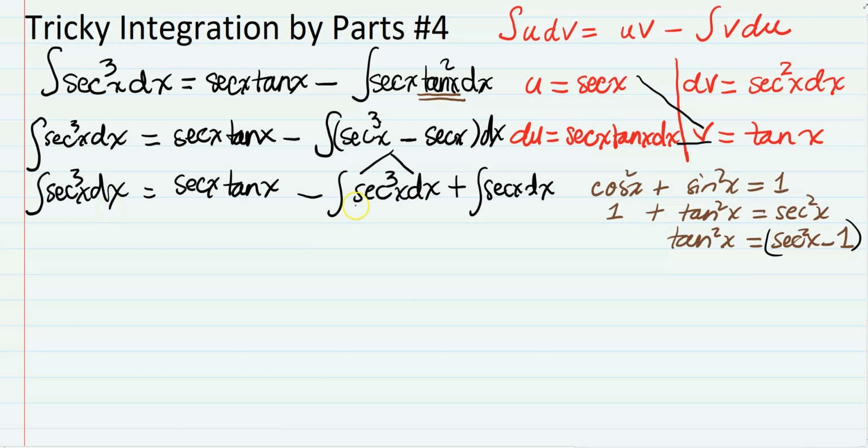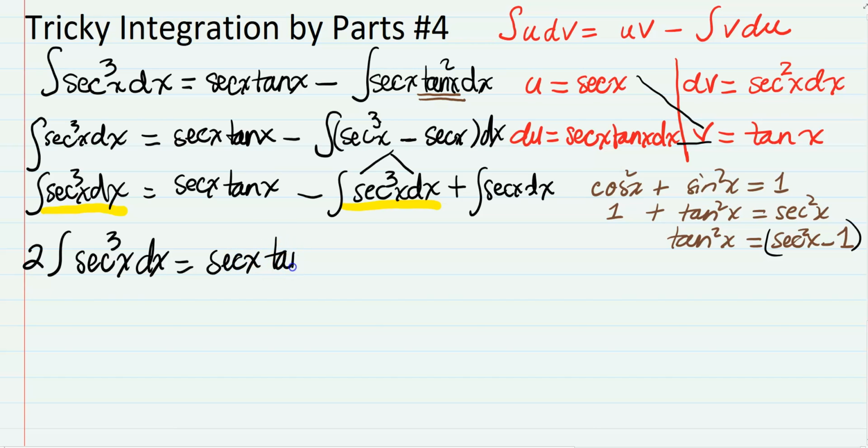Okay, and this is the integral of secant cube x dx. Well, that's kind of nice because, again, we notice that this is the same as this over here. So we're going to go ahead and add that to the other side. And we would have 2 times the integral of secant cube x dx is equal to secant x tangent x plus the integral of secant x dx.